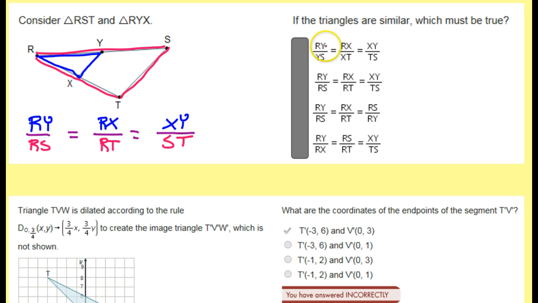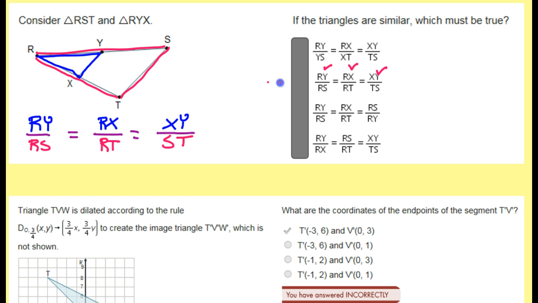So I see RY over YS. That's not what I was looking for. So I'm going to keep looking. I have RY over RS, check. RX over RT, check. XY over TS. Well, TS and ST are the same thing.